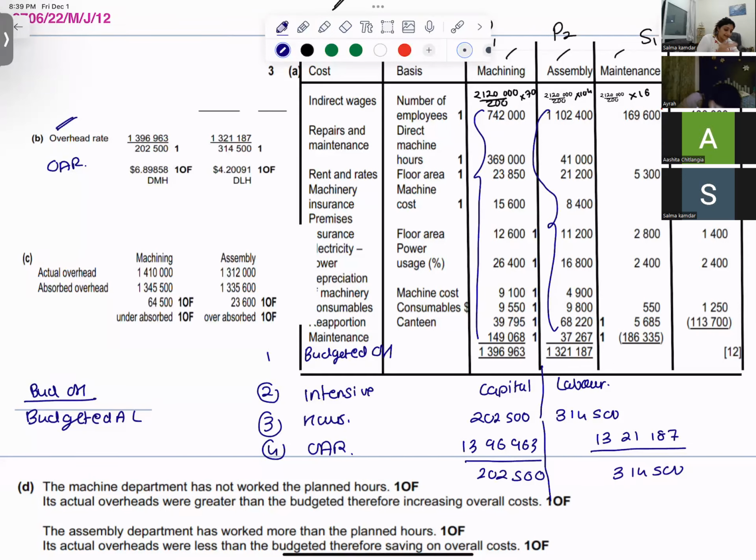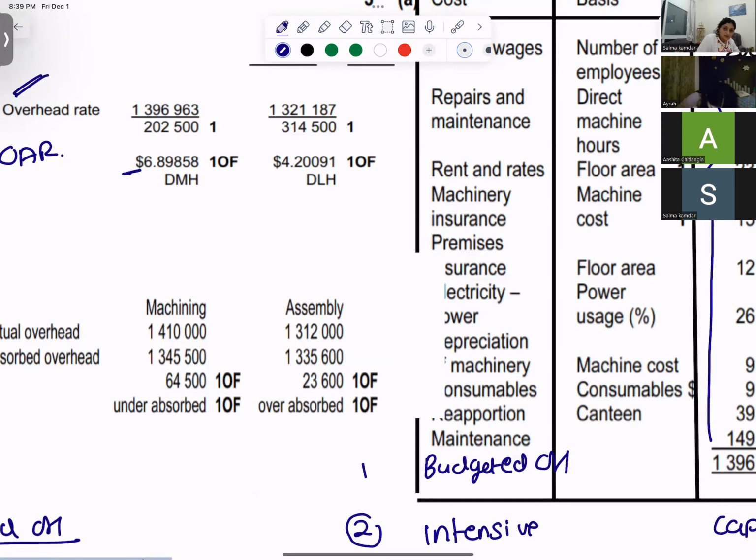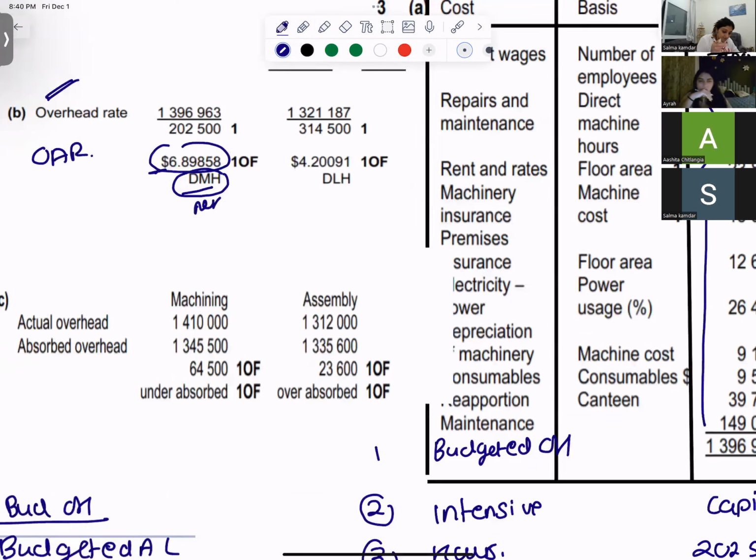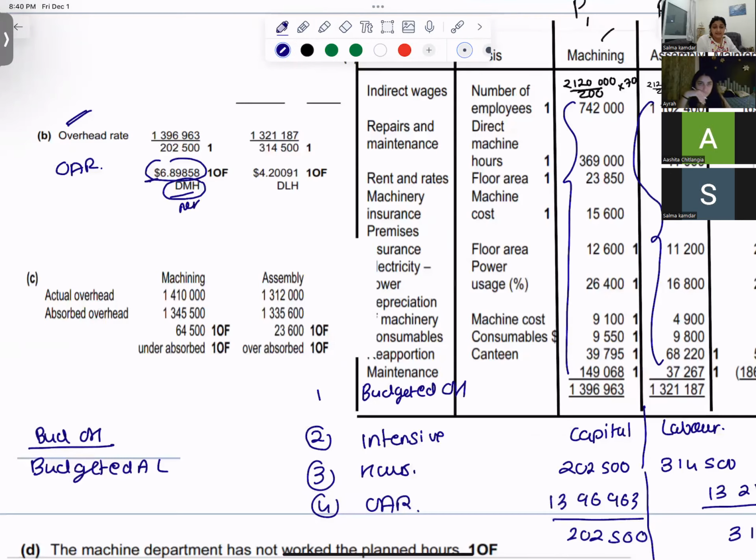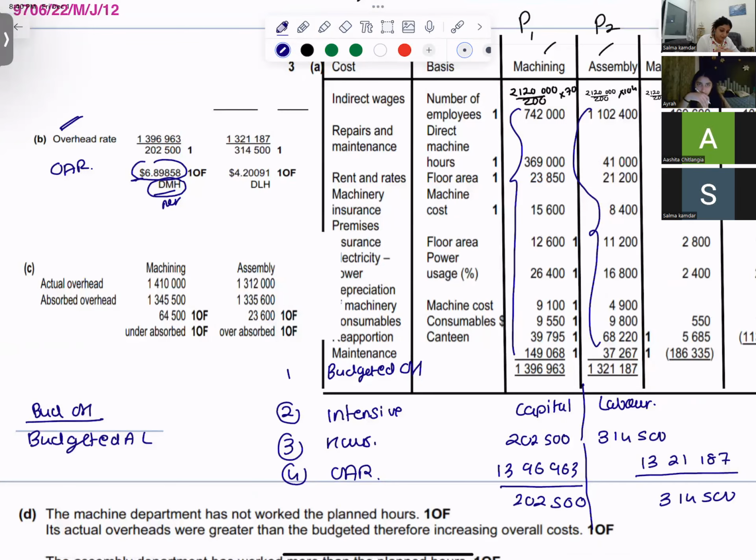And you will write it as dollar so and so per DMH, which means direct machine hours, and DLH means direct labor hours. One mark to write this and one mark for DMH and DLH. You get one mark for this? Yes, that is why writing this is important.